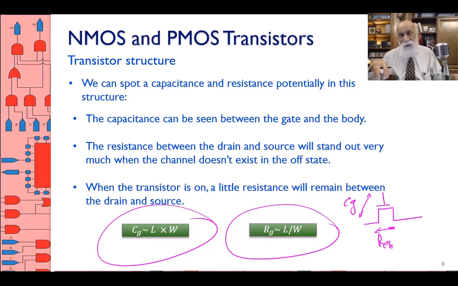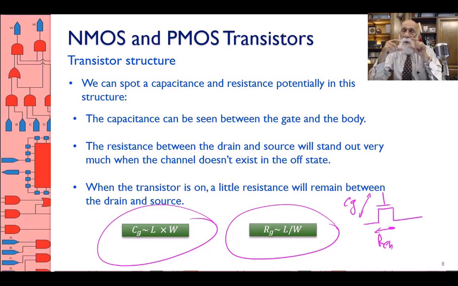And then I have the gate capacitance, which is the capacitance that I'm considering. There are, like I said, other capacitances as well, but my model does not include those.